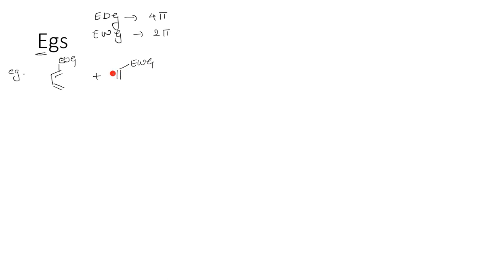What does the electron withdrawing group do? It withdraws the electrons. So imagine that these electrons are shifting over here. This will get more negative charge and this position will get more positive charge. And this is an electron donating group, in a conjugated system. The electron donating group has a lone pair of electrons, so it is going to donate electrons here.